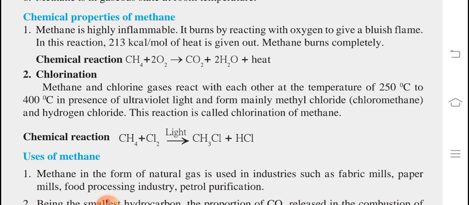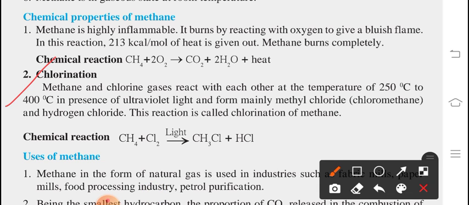Its chlorination form. Methane and chlorine gas react with each other at a temperature of 250 degrees Celsius to 400 degrees Celsius in the presence of ultraviolet light and form mainly methyl chloride, which has the IUPAC name chloromethane. All these things we will cover in detail in your 10th standard.